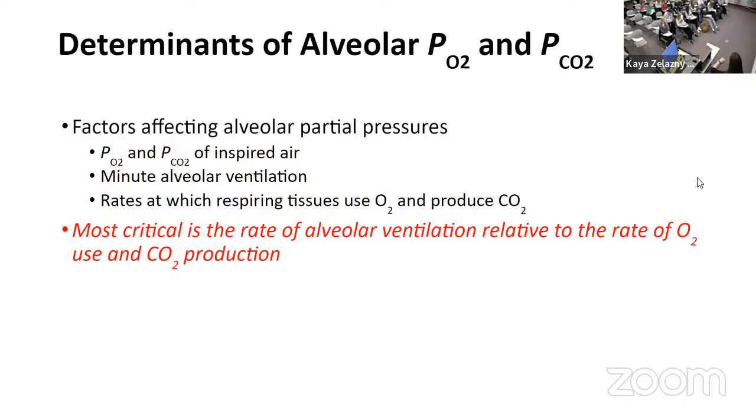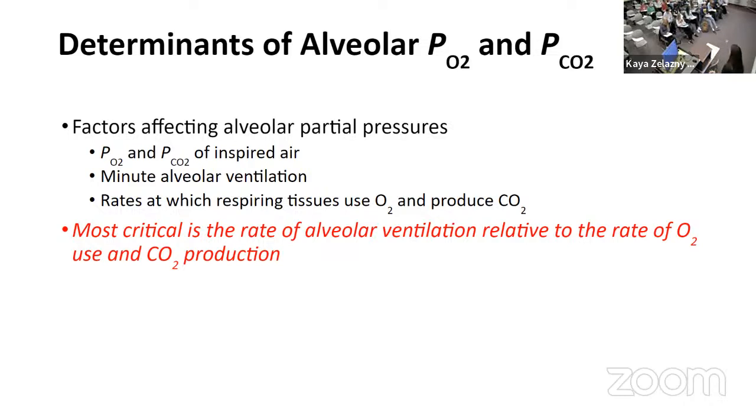So the factors that are going to influence this are going to be how much oxygen and carbon dioxide we actually have in the air we're breathing in. Right? We've given very typical values at sea level, average normal amounts of carbon dioxide, oxygen, nitrogen in the atmospheric air.